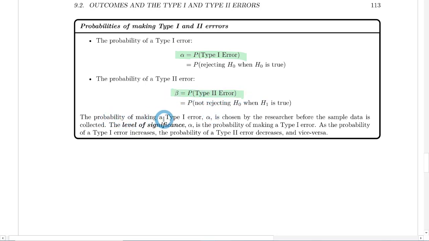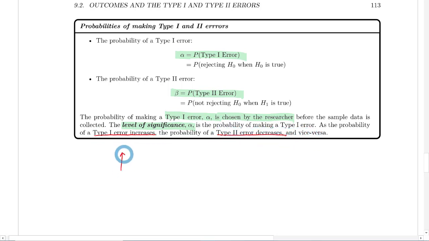So the probability of making a type 1 error, alpha, is chosen by the researcher before we even begin. It's called the level of significance. And as the probability of the type 1 error increases, so as this error increases in probability, the type 2 error decreases and vice versa.